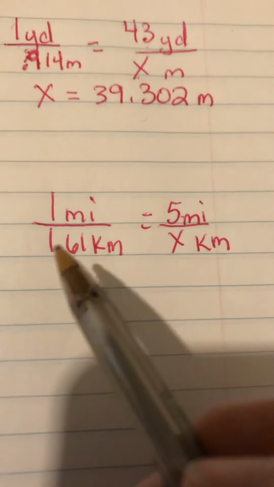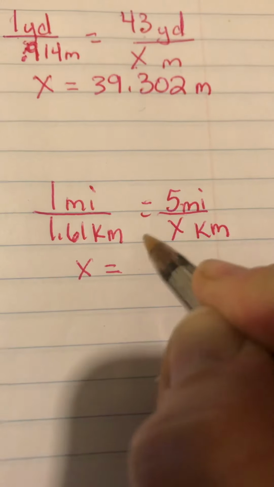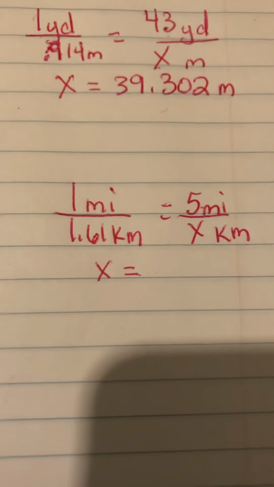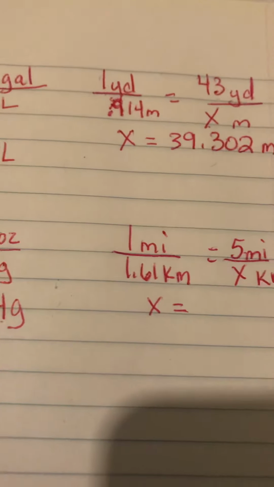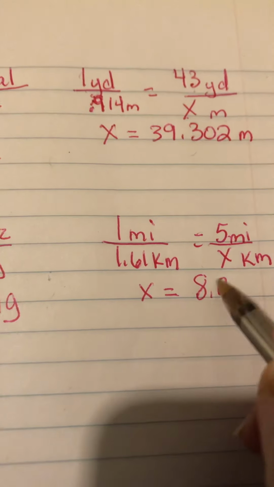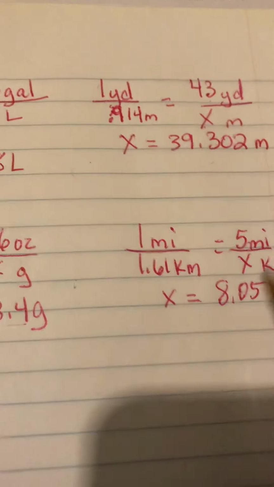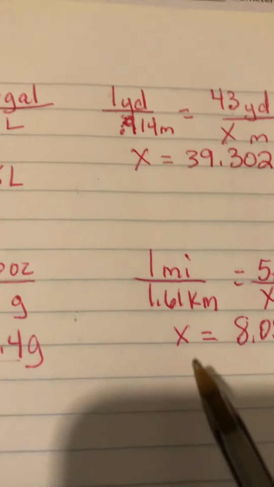Once again we cross multiply, so x is equal to 5 times 1.61, and that would be 8.05. You'll notice every single one of these, we ended up with 1x, so we didn't have to divide.